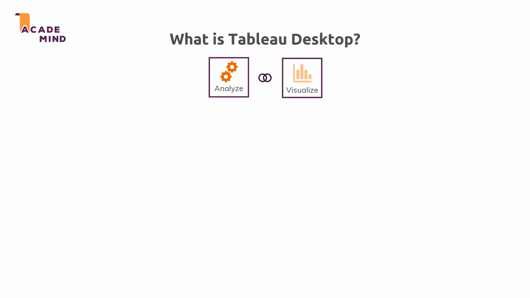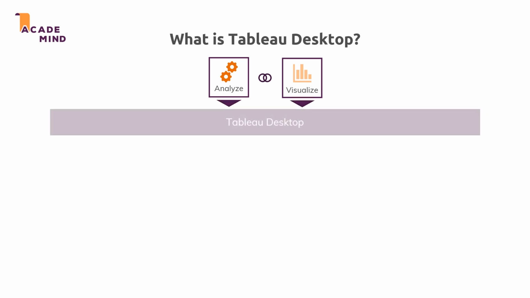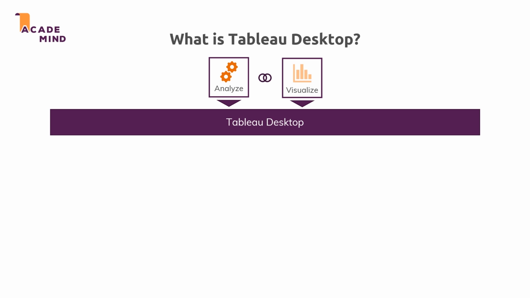Tableau Desktop and also other tools which have a similar purpose, Power BI for example, just a side note, have specific core components, you could say, to make sure this data analysis and visualization works in a, well, smart and meaningful order. Therefore, we can divide the Tableau Desktop functionalities into three core steps.